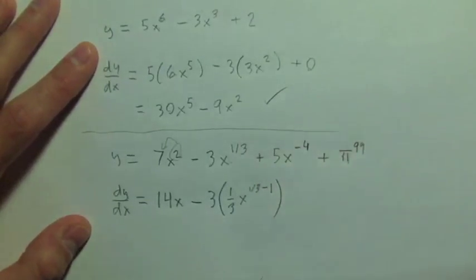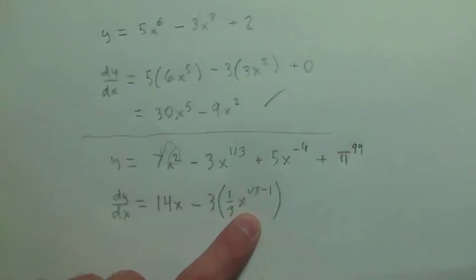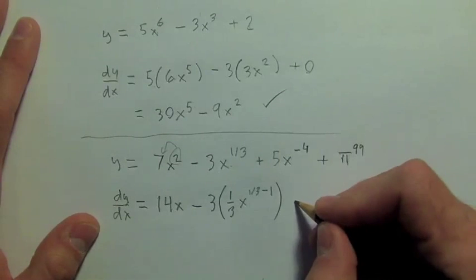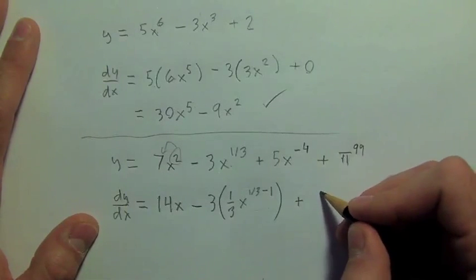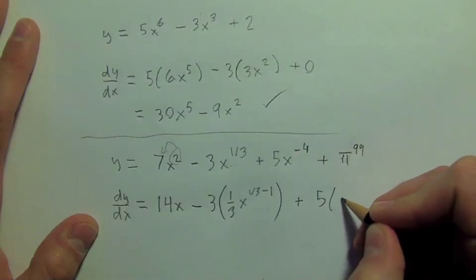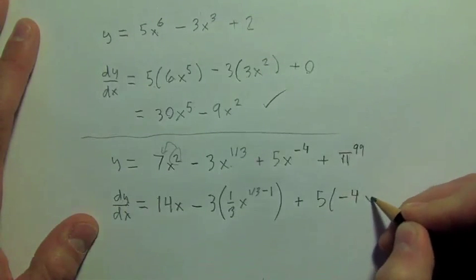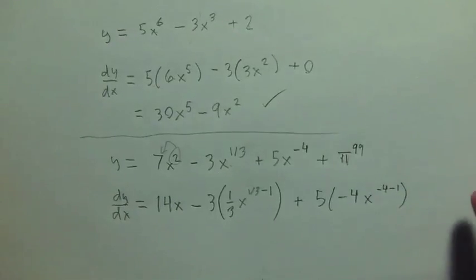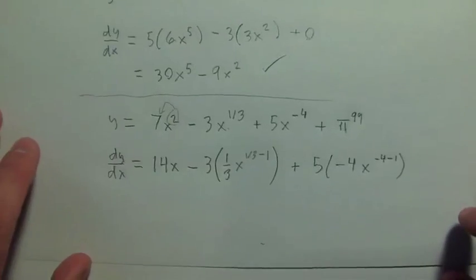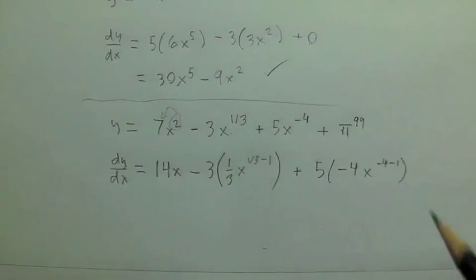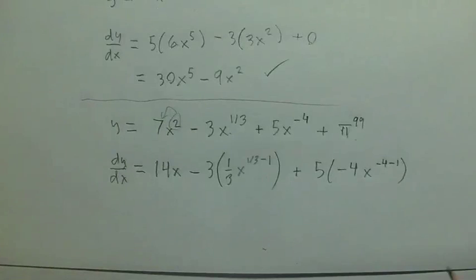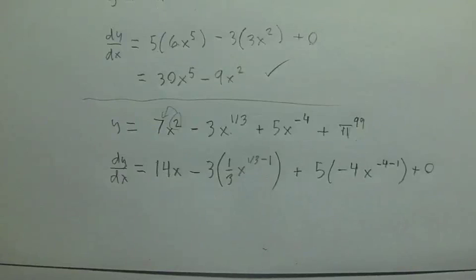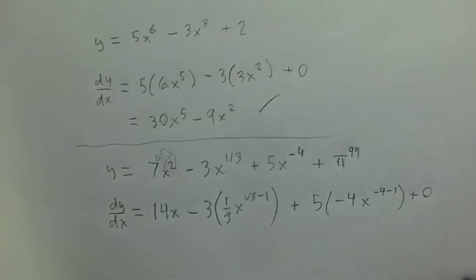Again, I will eventually stop writing things like this, but for now, I don't think it's all that bad. Then plus 5 times negative 4 times x to the negative 4 minus 1. Again, I'm just writing it out here for extra practice with the negative exponents. Then what's the derivative of pi to the 99th? Well, that's just going to be 0, because pi to the 99th is a constant. There's no x's.